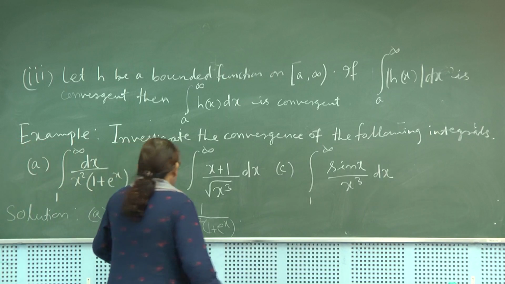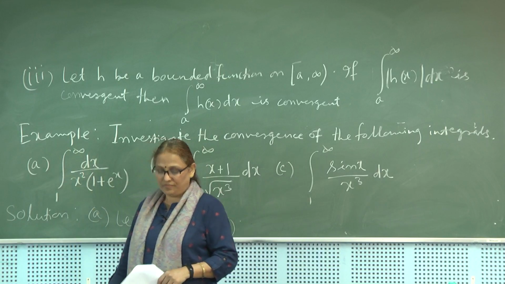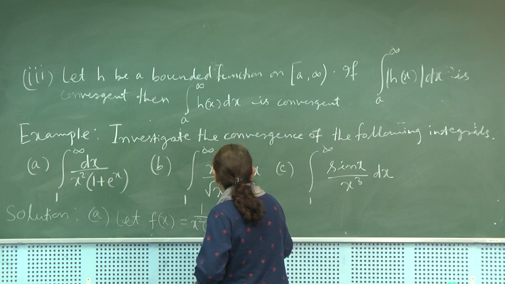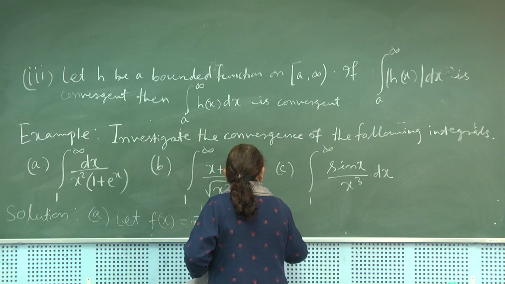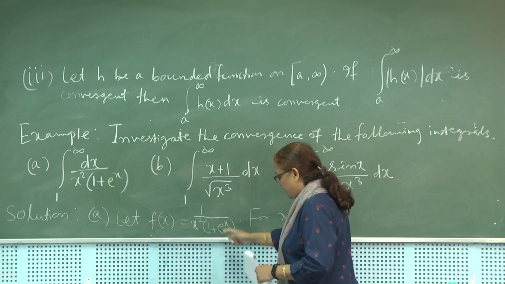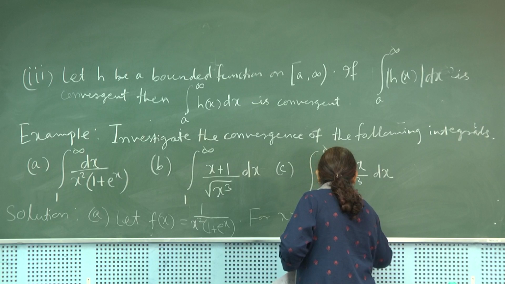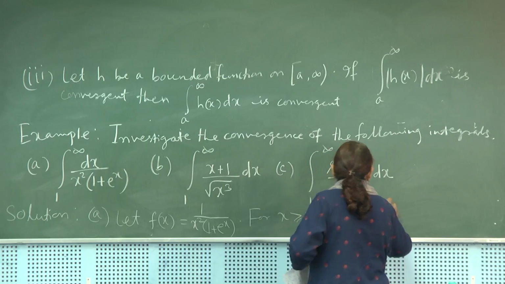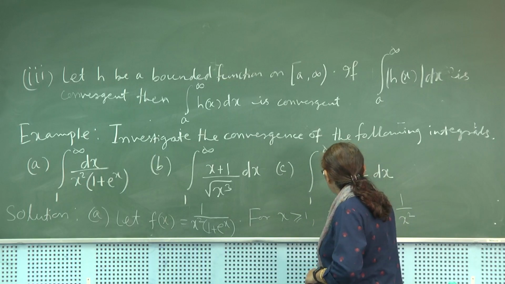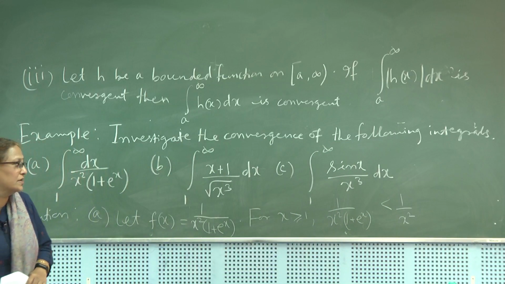Well, here this range of integration, just look at, it is from 1 to infinity, that is x is greater than or equal to 1. So, for x greater than or equal to 1, we can have that 1 upon x square times (1 plus e to the power x) will be strictly less than 1 upon x square, because this value 1 plus e to the power x is always greater than 1.